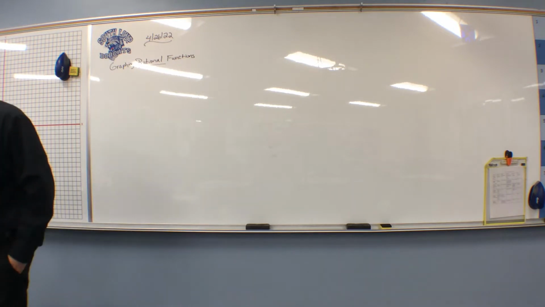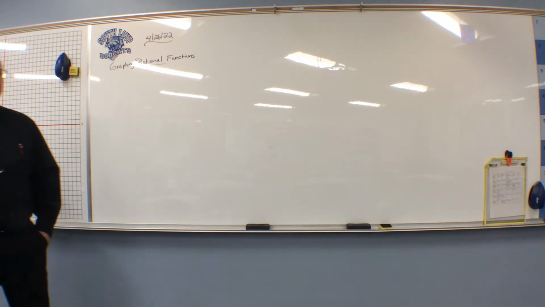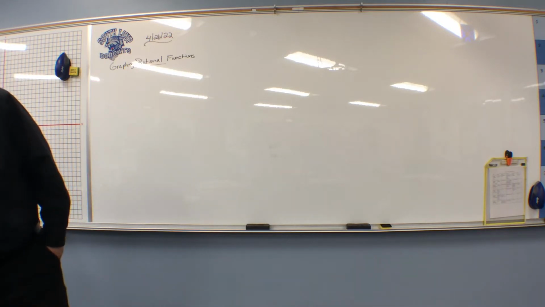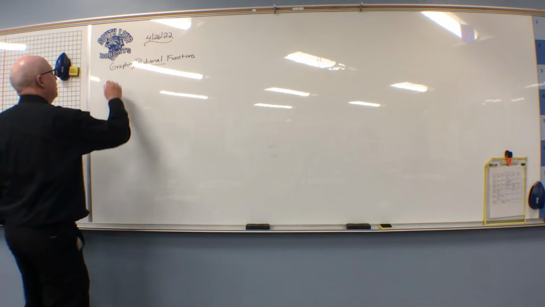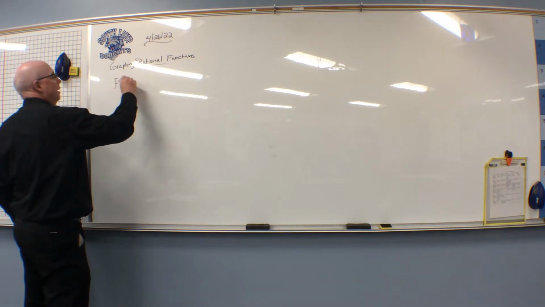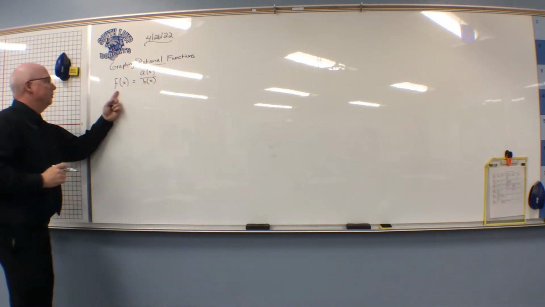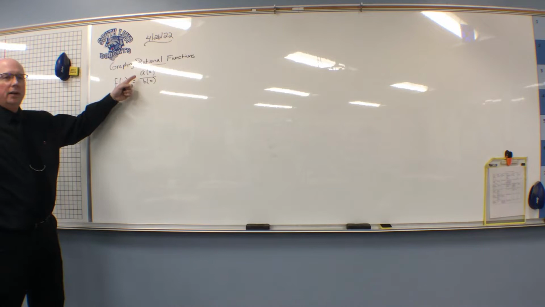So in other words, we're going to graph functions that are in fraction form, and this book uses this notation, because every Algebra 2 book uses something different. But this is a rational function, where we have a numerator and a denominator, and they're both functions.